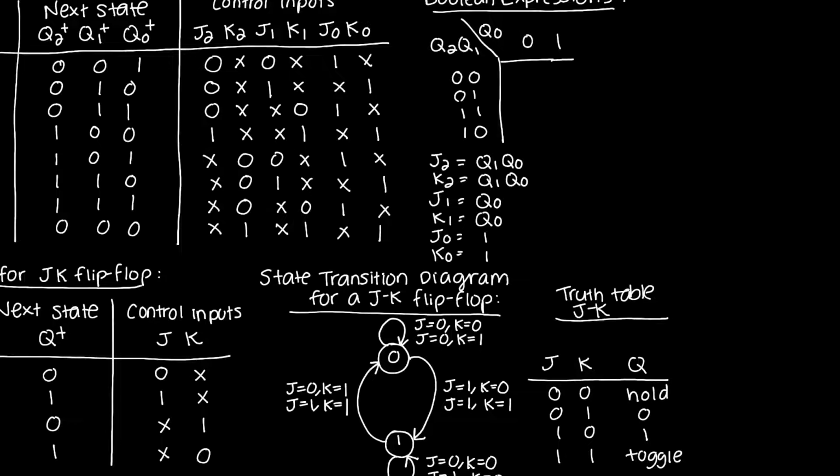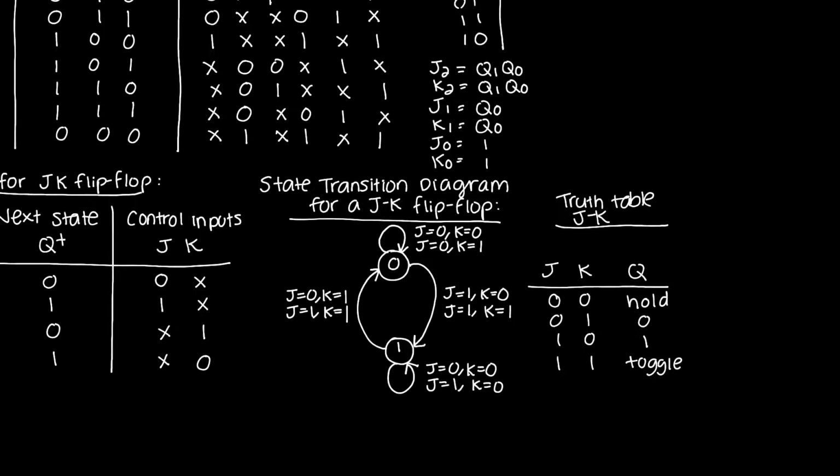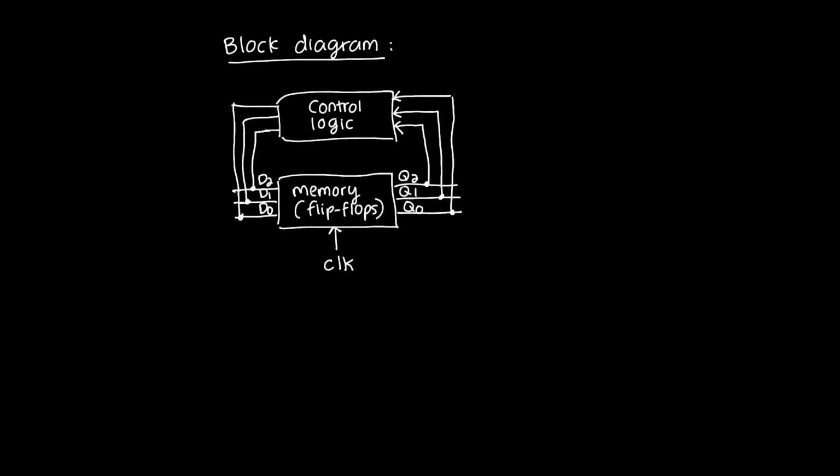So we'll draw out the schematic. To build this schematic, let's take our Boolean expressions over here and we'll move them over to a new page. Boolean expressions, and now we're going to do our schematic.